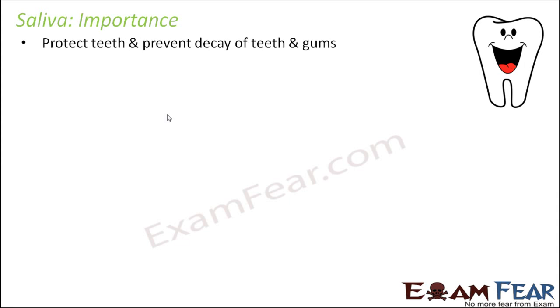If there is not sufficient saliva inside your mouth and you go to a doctor, the doctor would advise you to drink a lot of water so that more saliva gets produced, because if there is a lack of saliva, your teeth might get decayed, or there can be problems or infections in your gums. So saliva protects your teeth and gums.